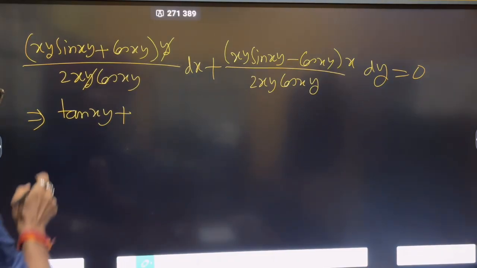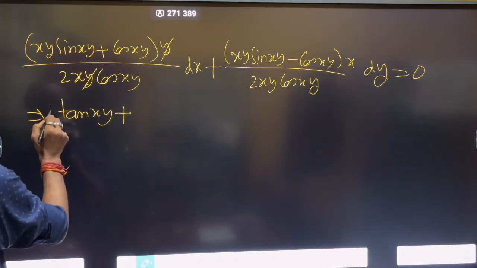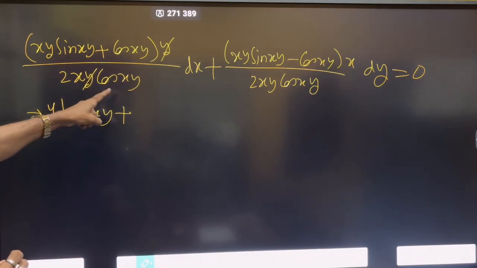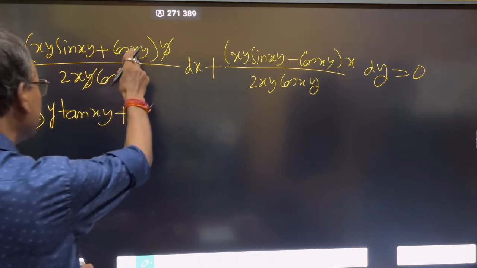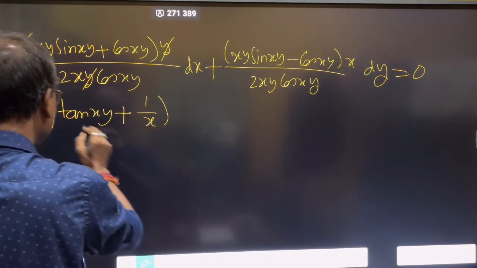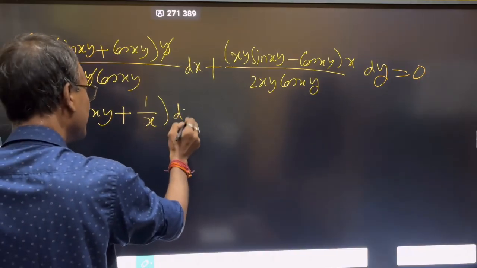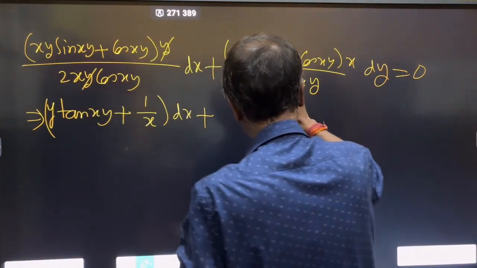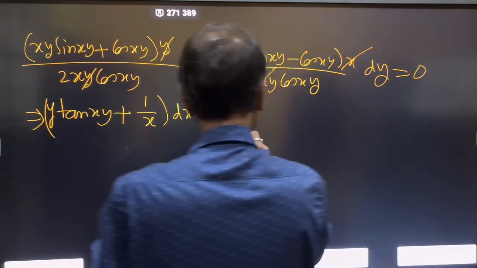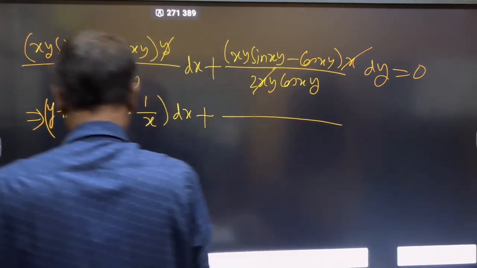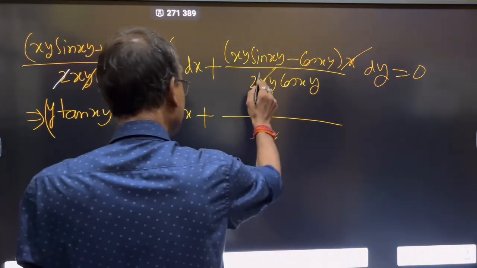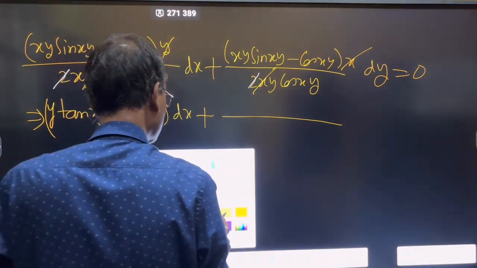Now it will be y tan xy plus 1 by x dx. Here this x and this x will be cancelled, and the 2 also will be cancelled.